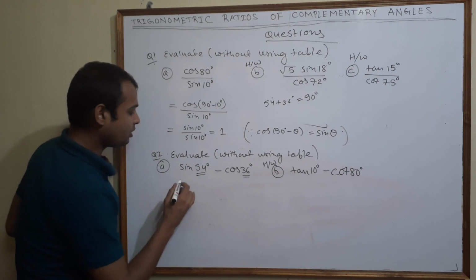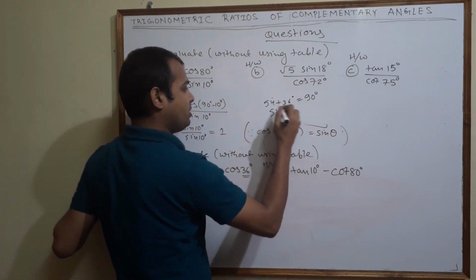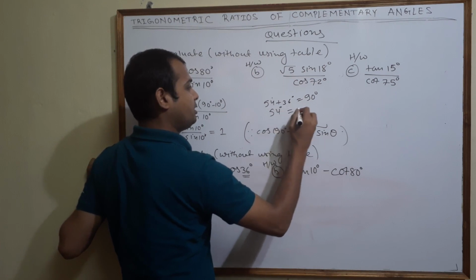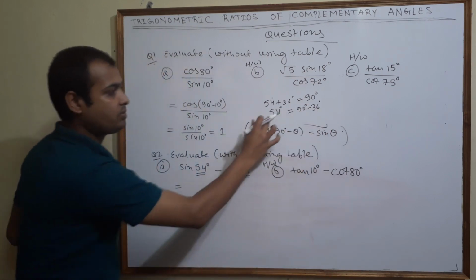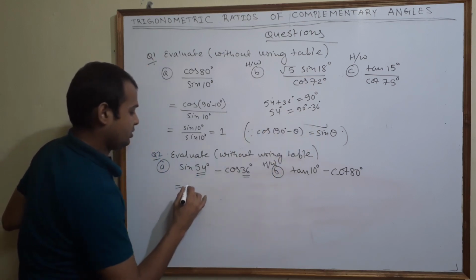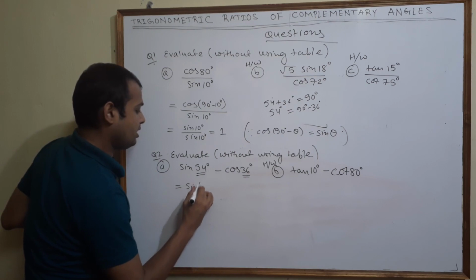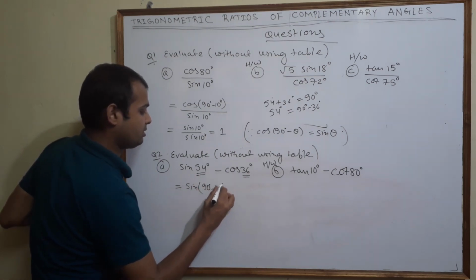So this 54 can be written as 90 degree minus 36 degree. So we can write sin, and in place of 54 we can write 90 degree minus 36 degree.